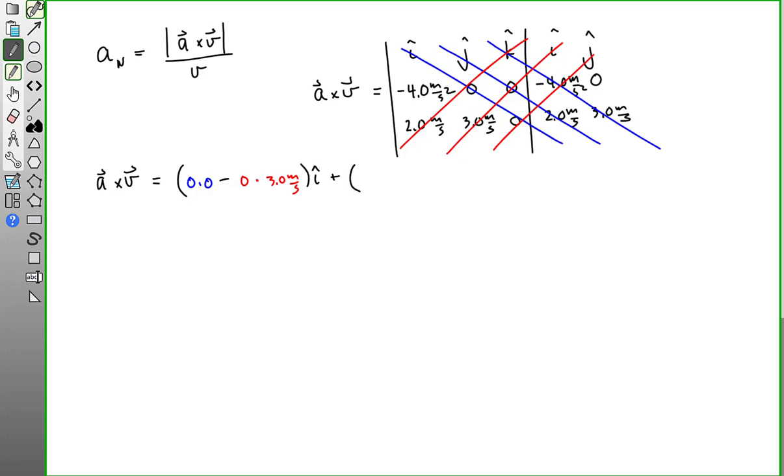For the y component, we have 0 times 2 meters per second minus a minus 4 meters per second squared times 0.